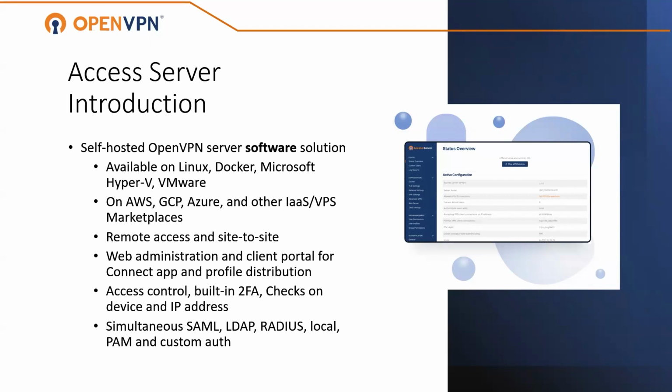You can run it on various popular Linux distributions as well as on Docker. It's available as a virtual appliance for Hyper-V and ESXi virtualized environments. And you can find it on many cloud marketplaces such as AWS and Azure for a quick deployment option.